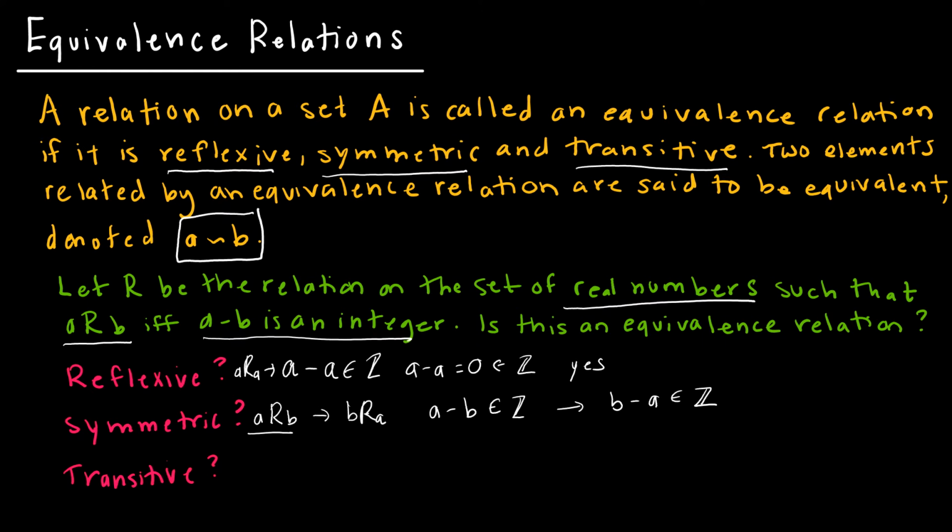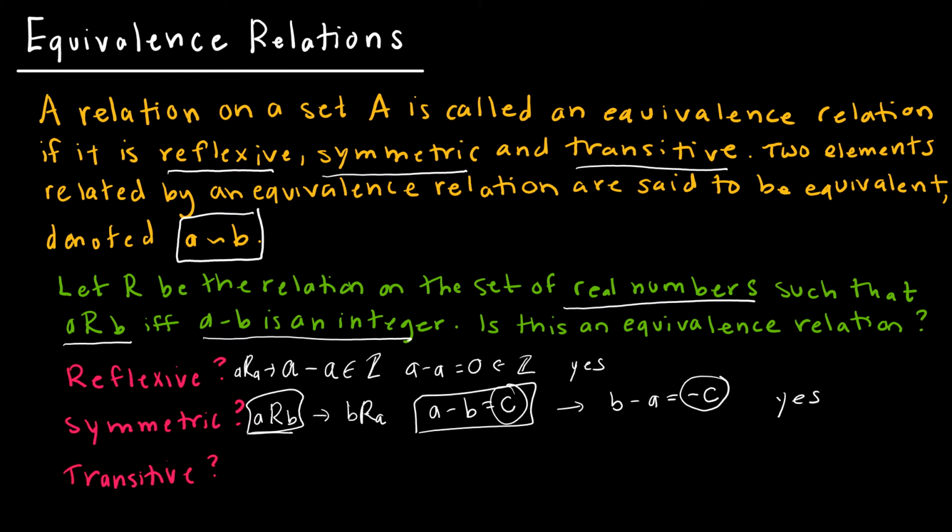Think of it this way. Let's call A minus B, we'll say that's C. And we know that it's an integer because that's the hypothesis in the implication. So A minus B is equal to C, which means if I took B minus A, what am I going to get? The opposite sign of C, unless of course C was 0, then I would still get 0. And we know that if C is an integer, then the opposite of C is also an integer. So yes, this is symmetric.